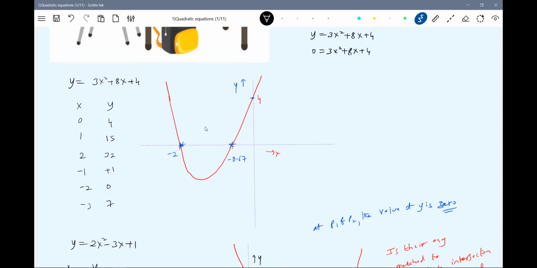Comparing this, in place of a it is 3, b it is 8, c it is 4. Let's write here now: x is equal to minus b plus or minus square root of b square minus 4ac, by 2a, the quadratic formula to find the value of x.